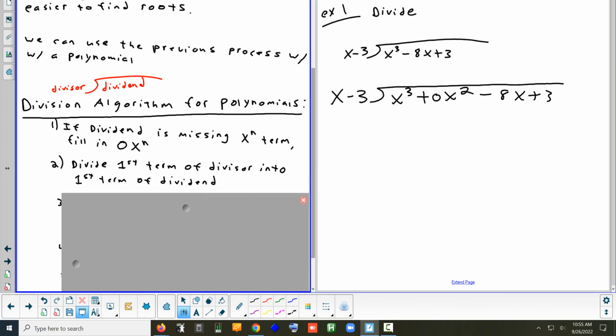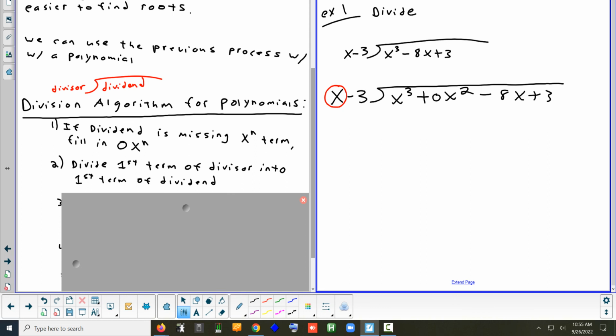Step 2. Divide the first term of the divisor into the first term of the dividend. So if you want to think about what you're doing here, kind of off to the side, you're doing this: x cubed divided by x.